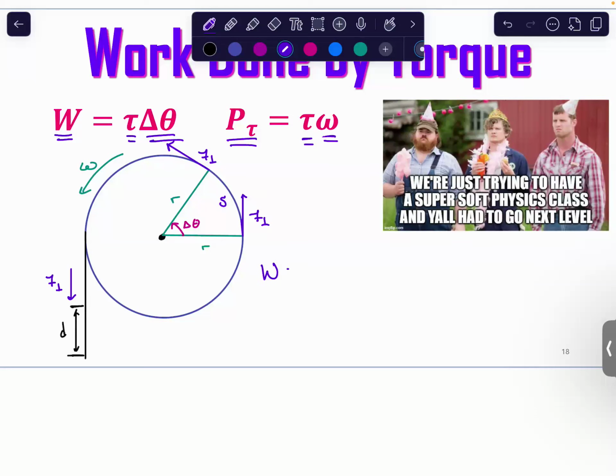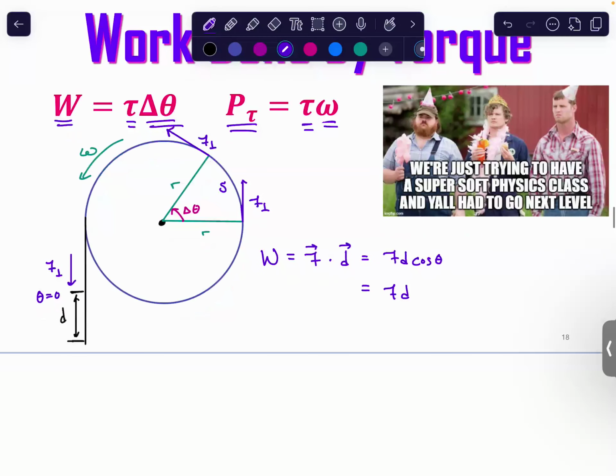So work, you remember, this one's a dot product, which is the force times the distance moved, cosine of theta. If we look between the perpendicular force and d down there on the cord, the angle theta is 0. So cosine of 0 is 1, so that's force times distance. But we also remember that arc length is r delta theta.